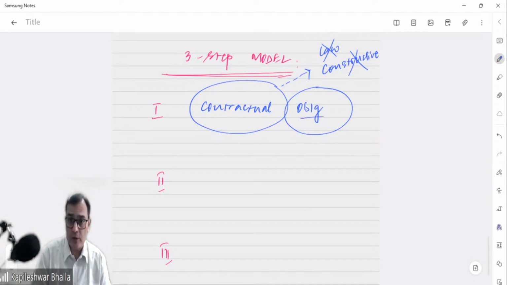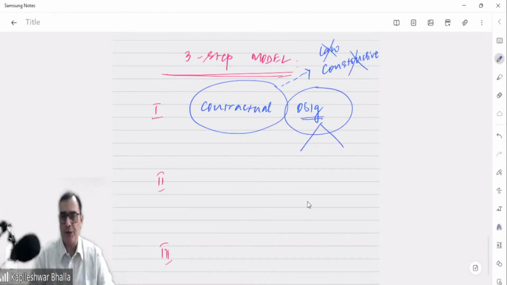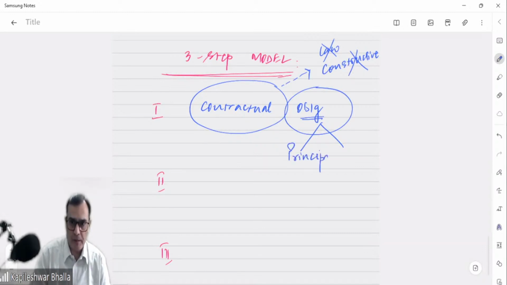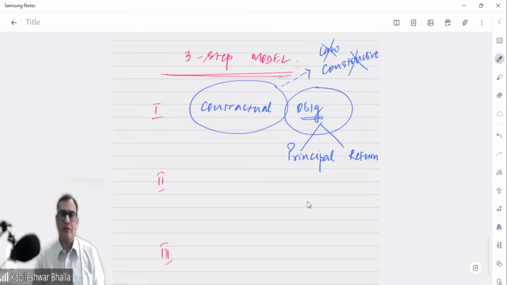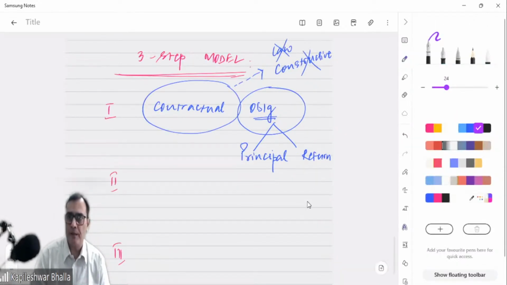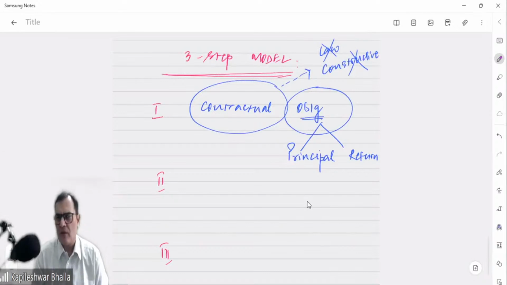The second is, when you look at the concept of obligation, immediately what should shoot to your mind is that there are two components of the obligation, the principal element, and the return element, which immediately threw a light on the fact that when you're running this three-step model, specifically if in the question you are given two different modes, even if you're not given two different modes, it doesn't make a difference.